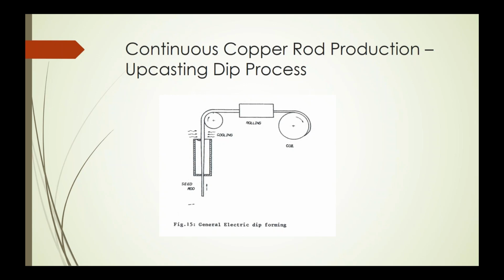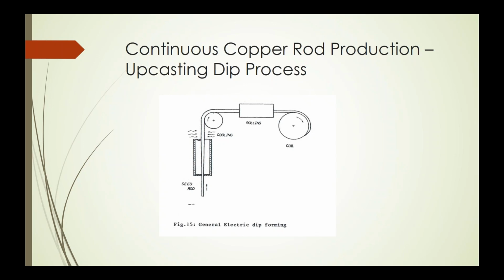You basically have a rod or starter rod, usually steel and cooled, and you put this into a molten pool of copper, usually in an electric furnace, and slowly extract it. The copper will freeze or solidify onto the beginning rod. It will travel upward, and you do this rather slowly.